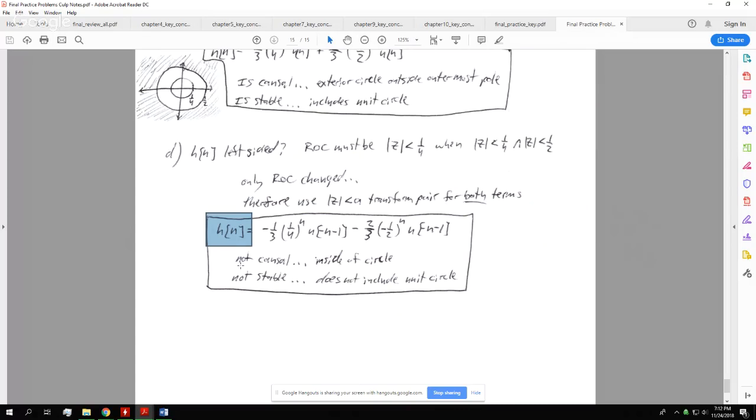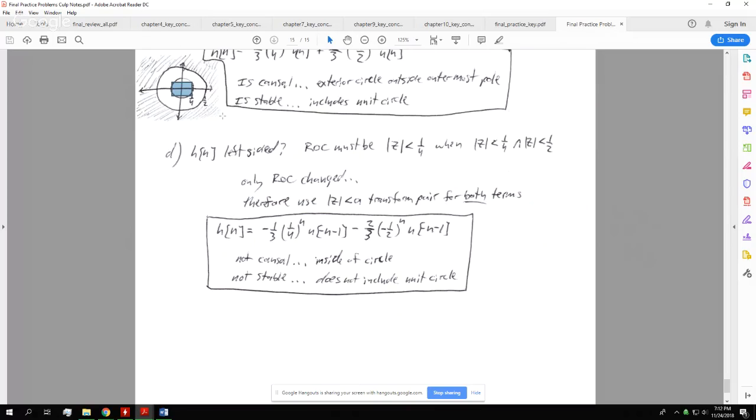But we still have to determine, is the system causal and is it stable? Well, the definition of stability is that it includes the unit circle. If we shade the inside of this circle, and my circle of radius 1 is all the way out here, none of that shade is going to be on the unit circle.